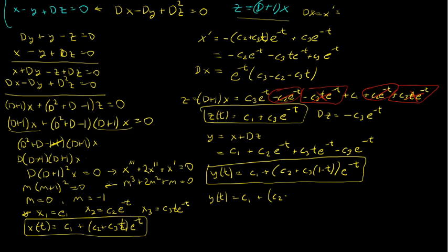That's not a minus. Well, then it should be c1 plus c2 plus c3 times e to the negative t, and then minus c3t e to the negative t. Okay, slightly different answer than what I had.